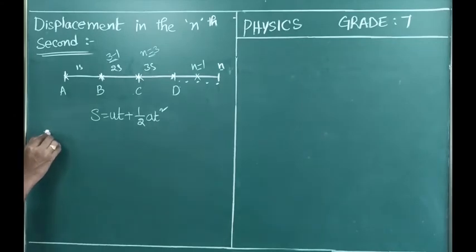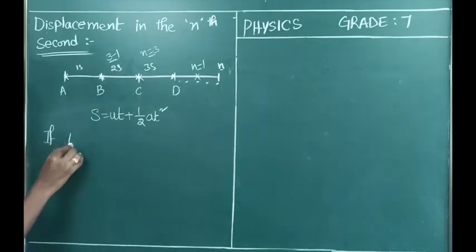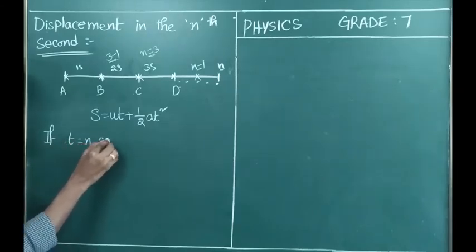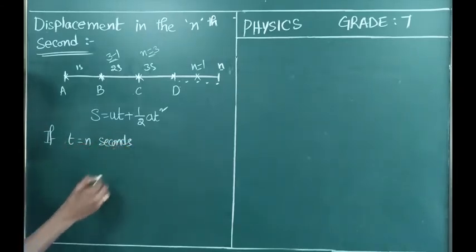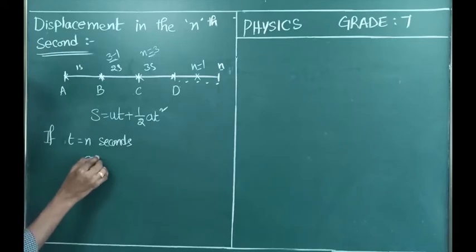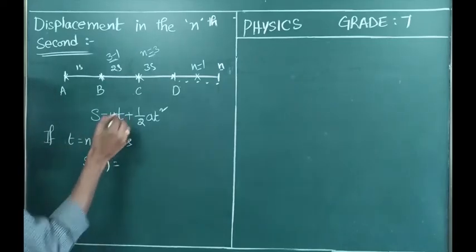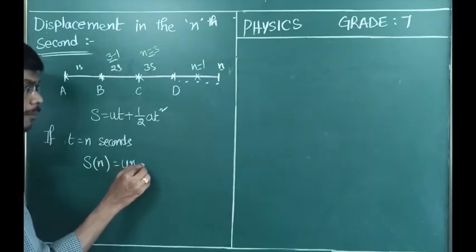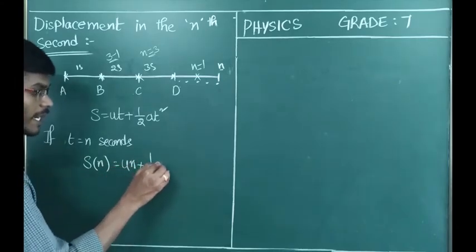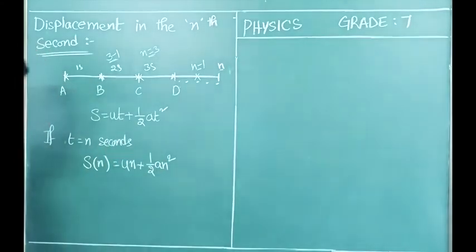So if t is equal to n seconds, then the displacement travelled in total n seconds is equal to, in the place of t substitute n, u into n plus half a n square.